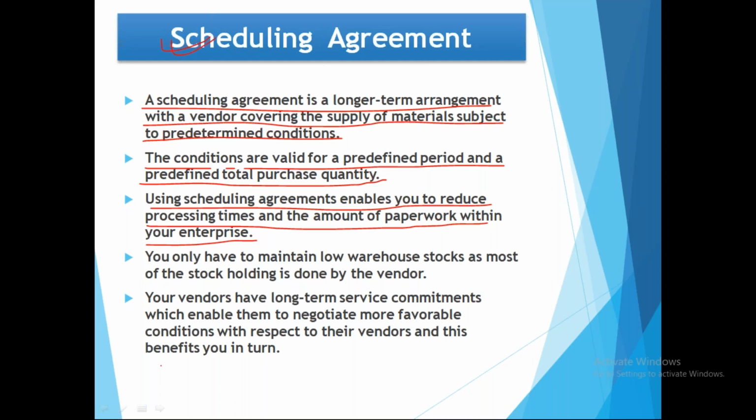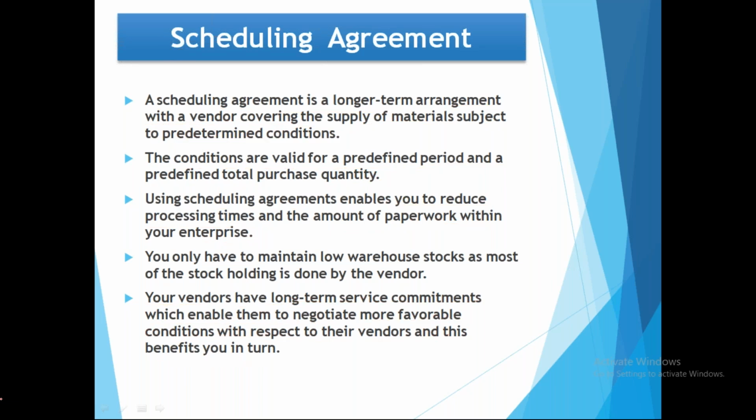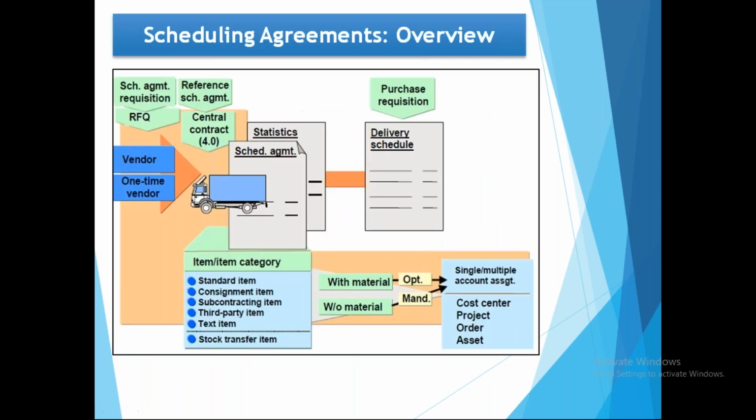Basically here your vendors have long-term service commitments which enable them to negotiate more favorable conditions with their own vendors, and this benefits you. So instead of creating a PO each and every time, you initially give the schedule to the vendor on which date, how much quantity he has to deliver. So here you create a scheduling agreement.